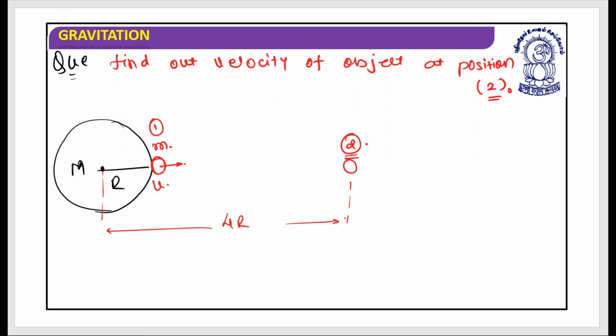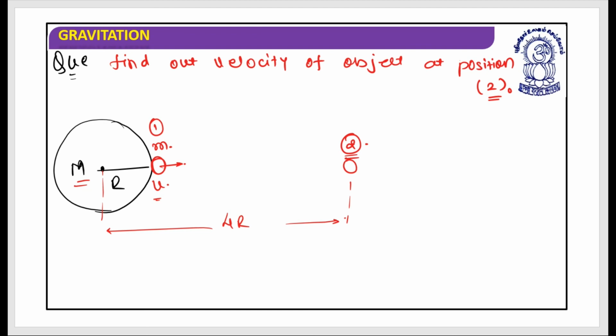So at this point I want the velocity of the object. How will I do this? Look at this. This planet is there, and on this planet a ball is there. The ball has a small mass m, and it has been thrown in this direction with speed u. What you need to do is find out the velocity at point 2.